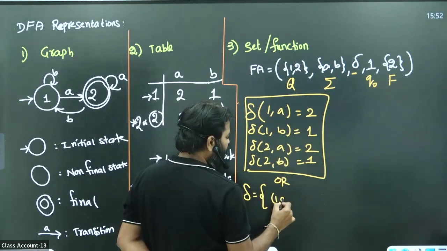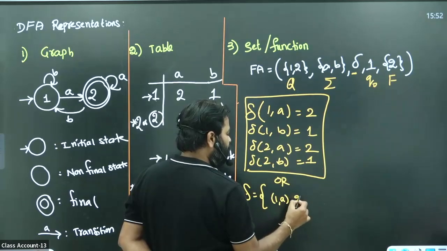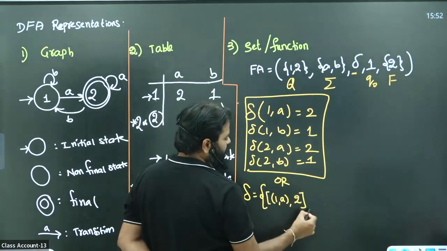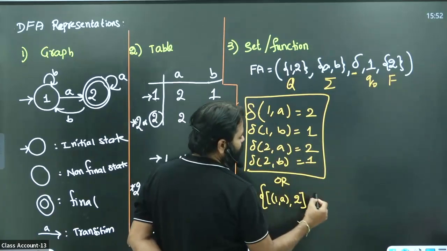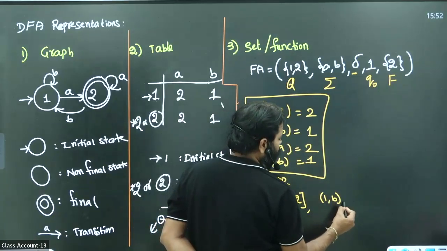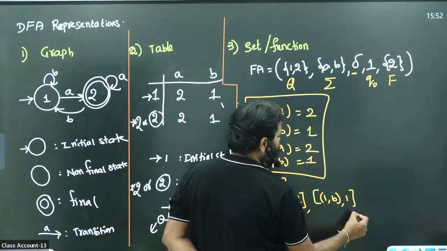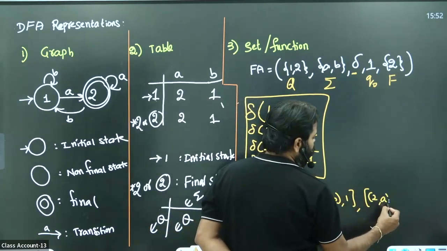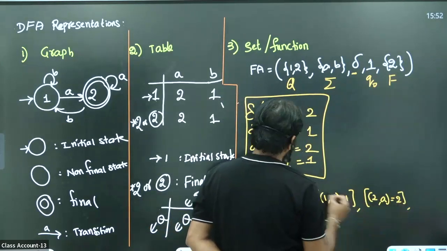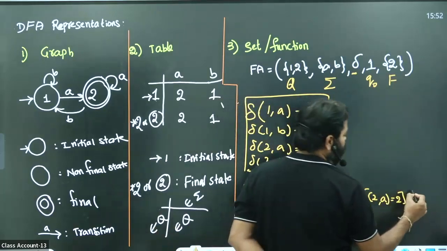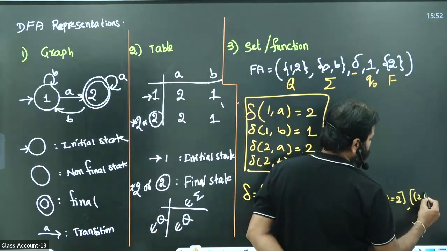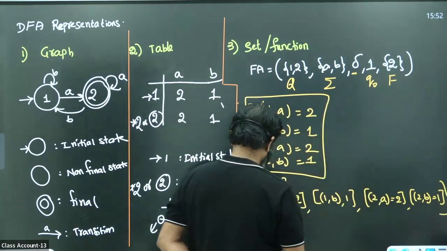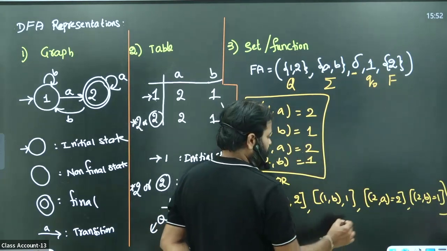Like you have 1 comma A that maps to 2, and similarly 1 comma B that maps to 1. 2 comma A that maps to 2. 2 comma B that maps to 1.